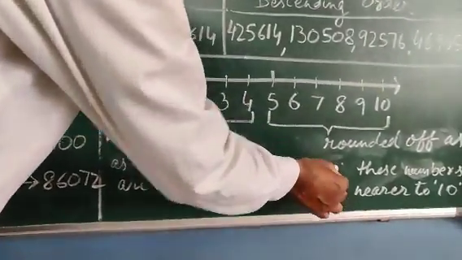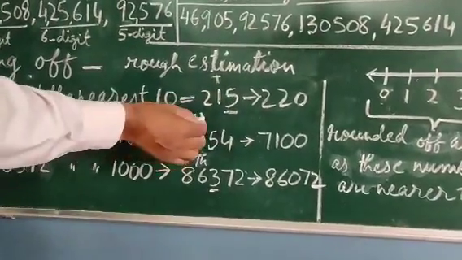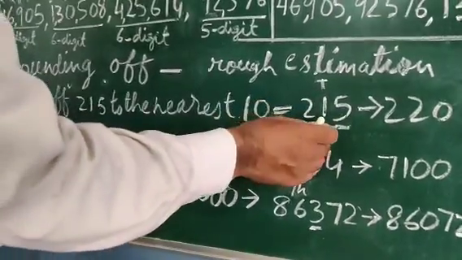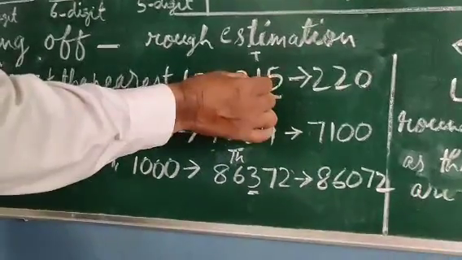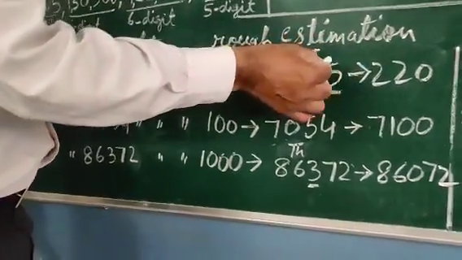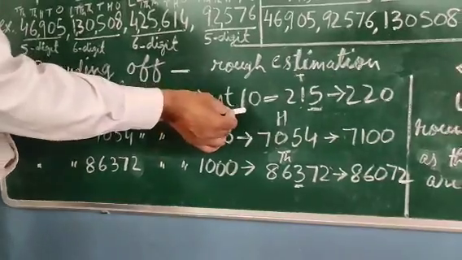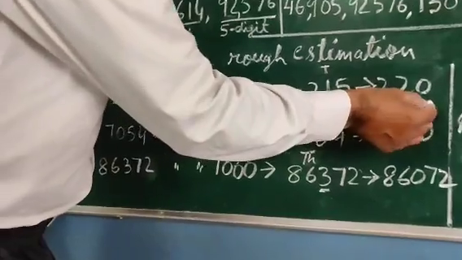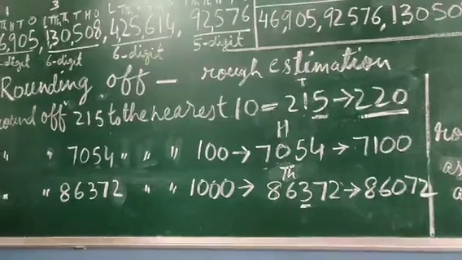Digit 5 will be rounded off as 10. So the digit in the tens place will be increased by 1. 1 plus 1 will give you 2. And the digit after it will become 0. Hence, the number 215, when it is rounded off to the nearest 10, will be 220. Sorry, 220.